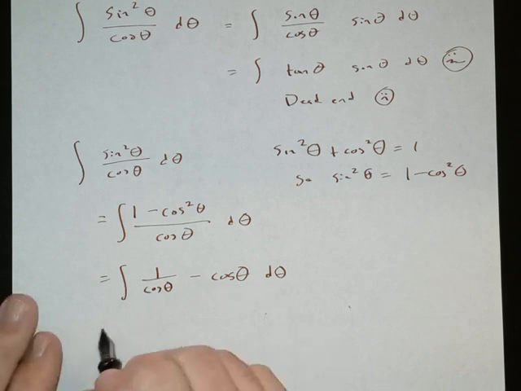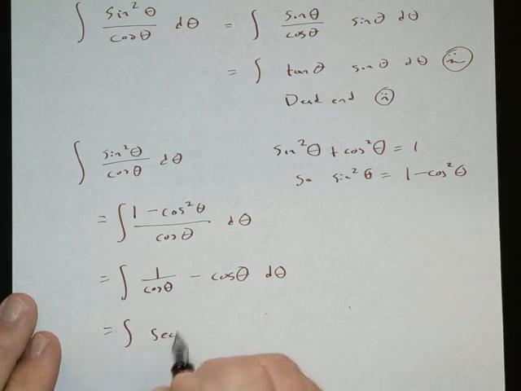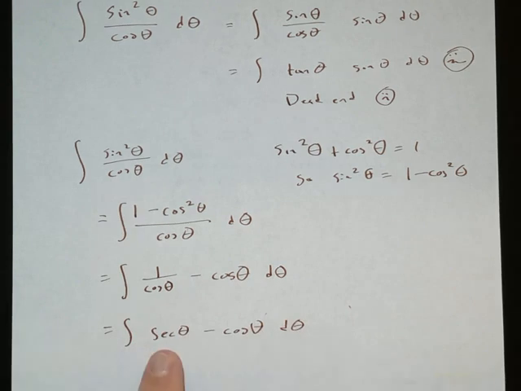Okay, so I say to myself, secant theta minus cosine theta. Do I know this one? Is there something on that formula sheet that's just secant alone?